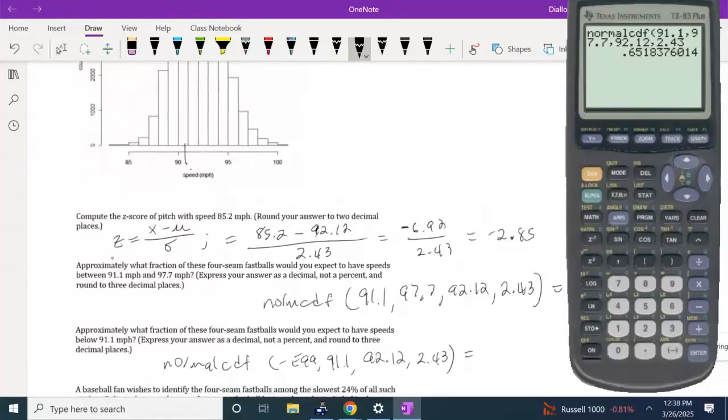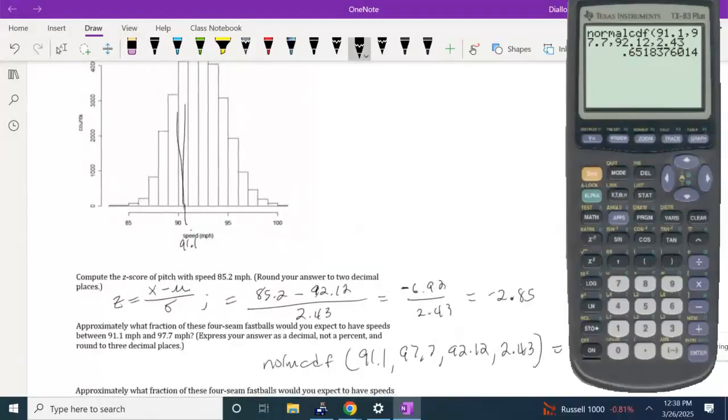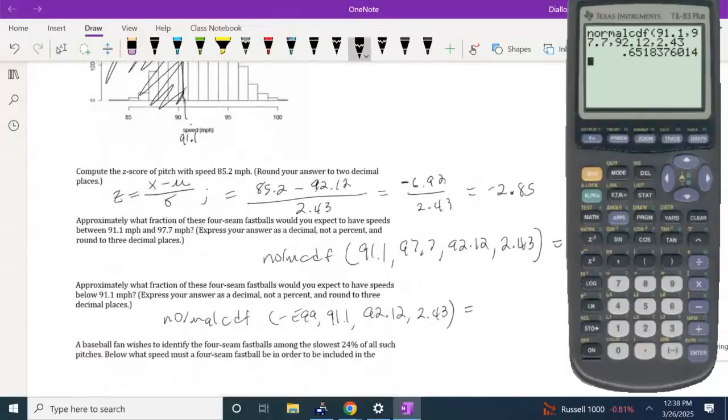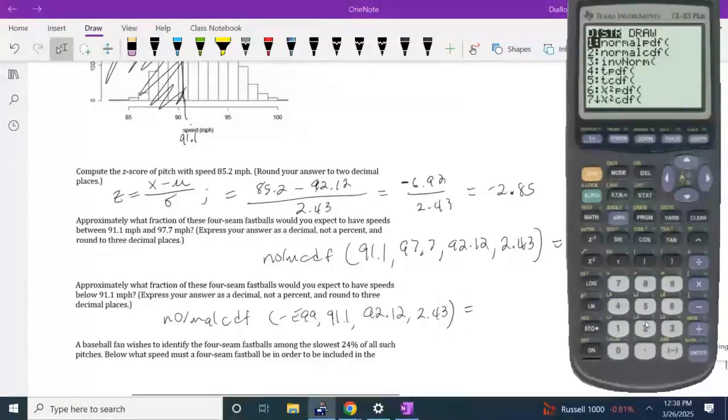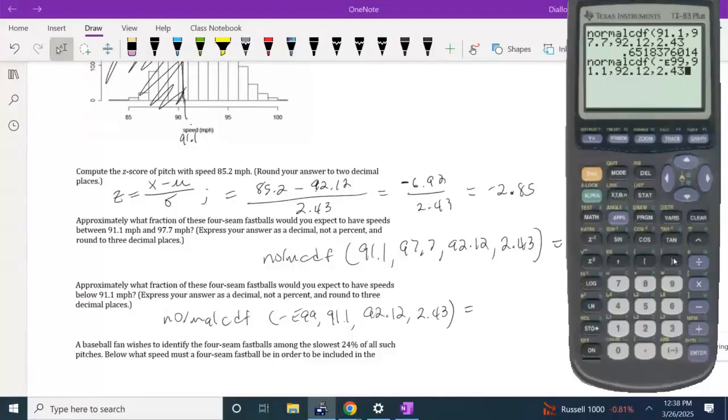If I guesstimate 91.1, it's about right here somewhere, and you want the area below. So that's why our lower limit is negative e to the 99. Upper limit is 91.1, mean 92.12, 2.43 standard deviation. To 3 decimal places, 0.337.